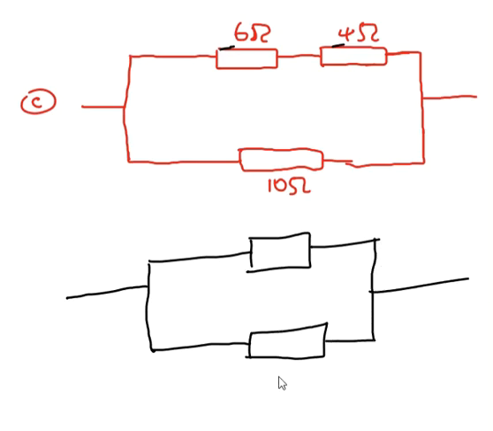Ndeti apa tikhala ndi 10 ohms. So resistor awa ali mu series, ndeti ngopanga add, tikhala ndi 6 plus 4, ndeti we get 10 ohms.